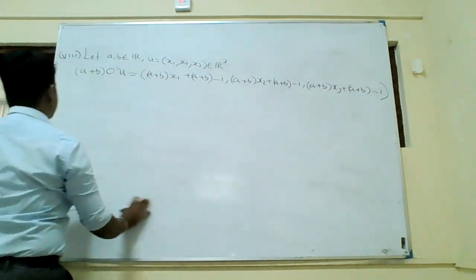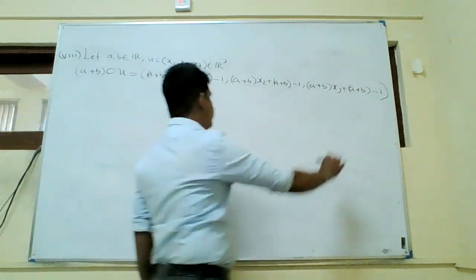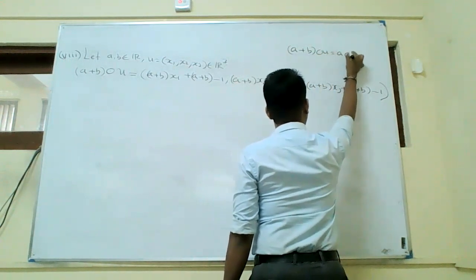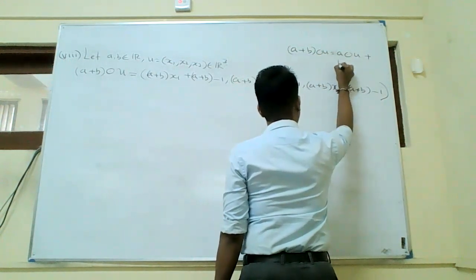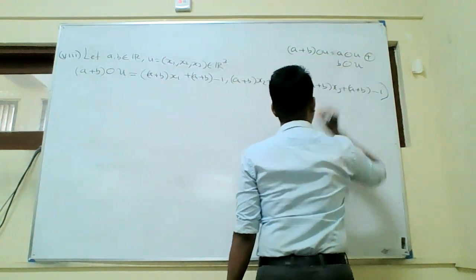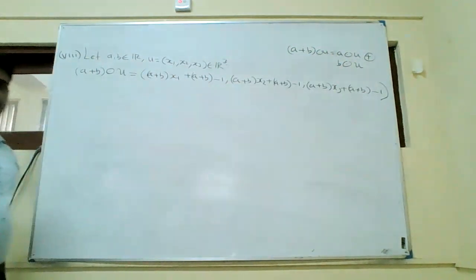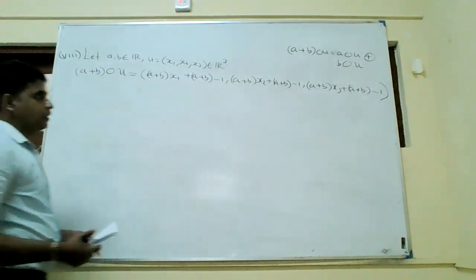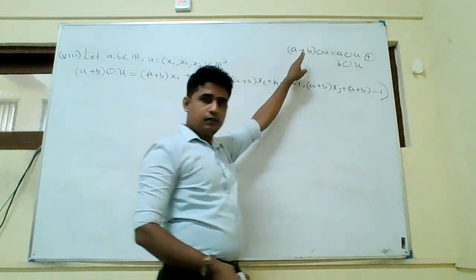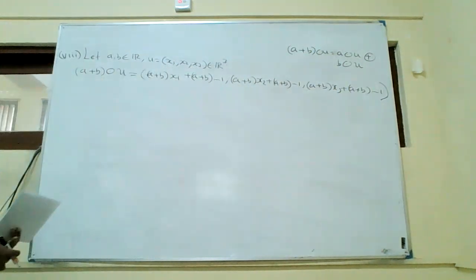Now your claim is this one. Scalar multiplication, it is the vector addition here, not the vector addition there. Okay, you can keep this one.